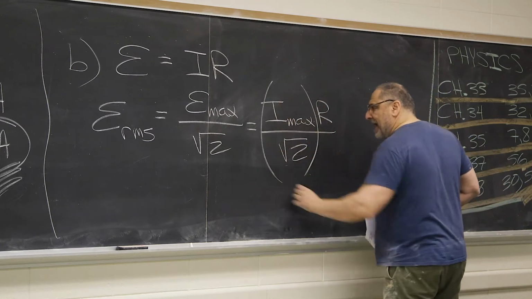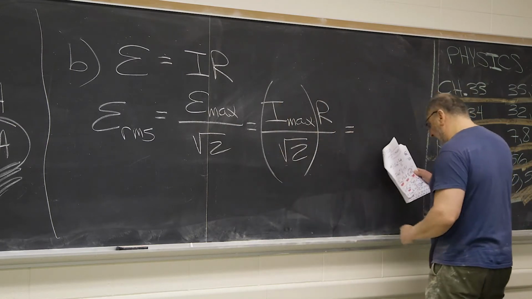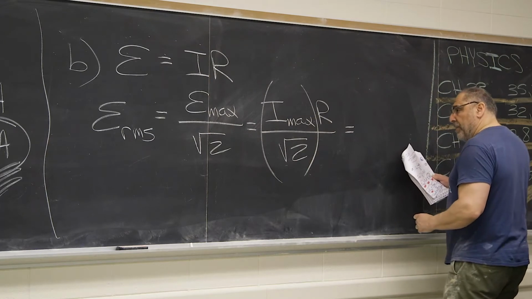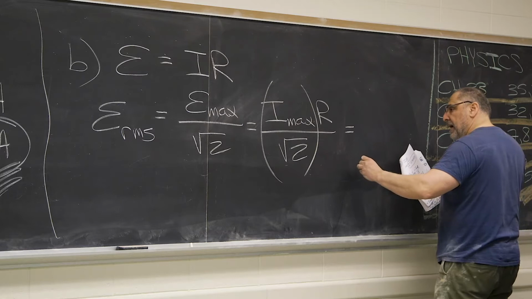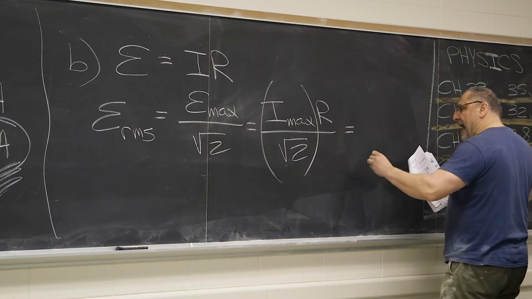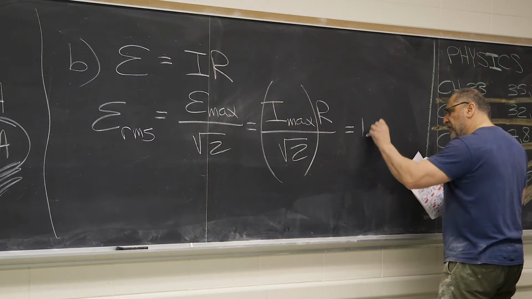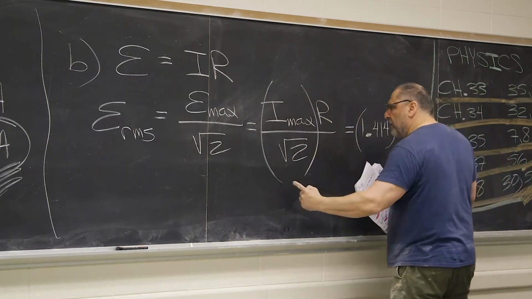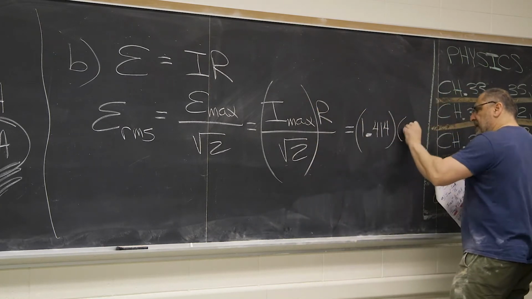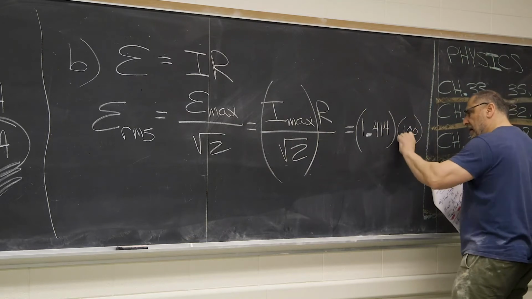This right here is the IRMS. It's going to be Imax, which is 2 divided by the square root of 2, is this. That's what I just put in parentheses. The resistance is 100.